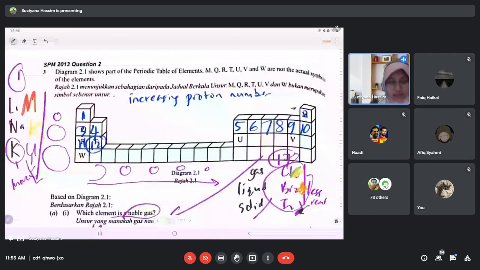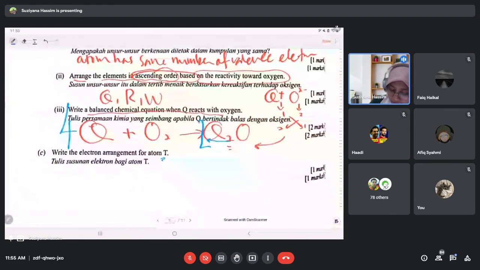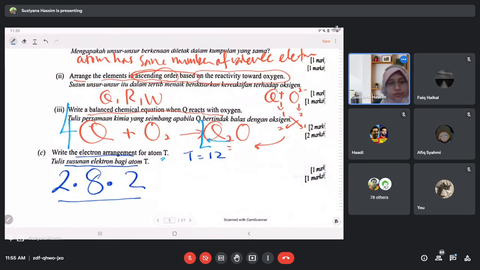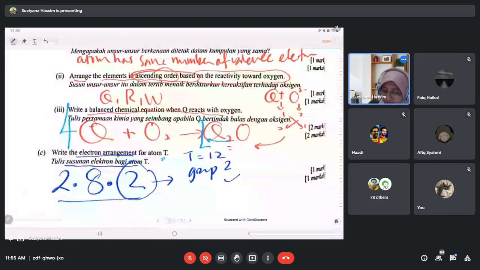Nampak? Proton number of T is 12. Okay, bawa tu nombor. When T is 12, write that arrangement: 2.8.2. Okay? Which group? Group 2. Don't spell TWO. Why?